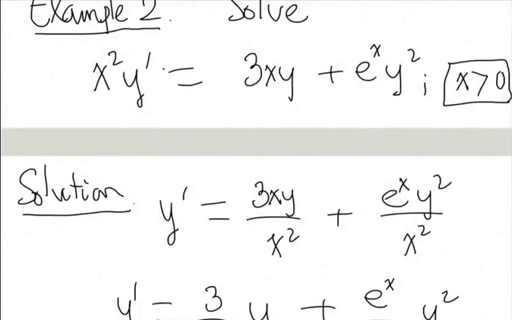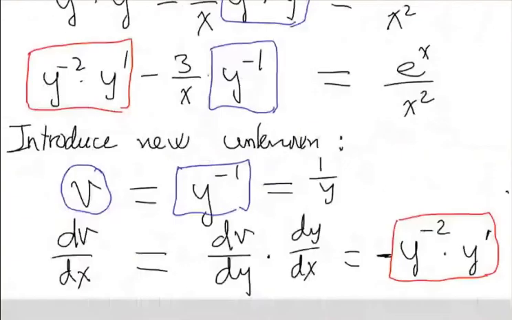When y equals 0, the derivative of a constant is 0. So whatever x squared is, x squared times 0 will be 0. On the right hand side, whatever x is, 3x times 0 is also 0. And then e to the x times 0 is also 0. So y equals 0 satisfies the equation, meaning that it is a solution.